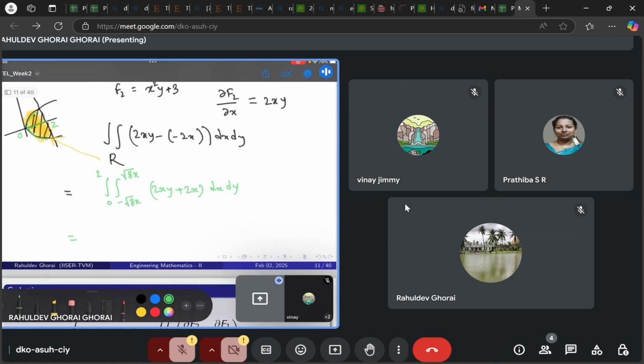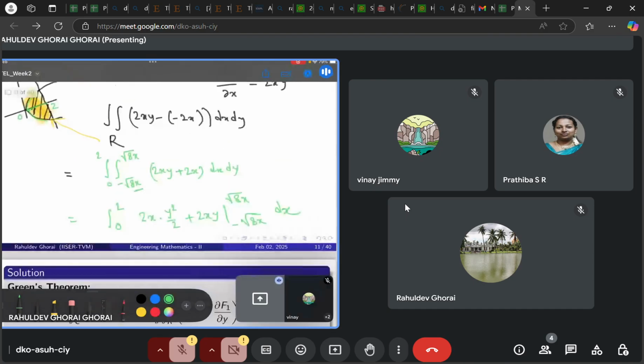First we will integrate over y, so this will be 2x times y square by 2 plus 2xy, evaluated from minus square root of 8x to plus square root of 8x, dx.